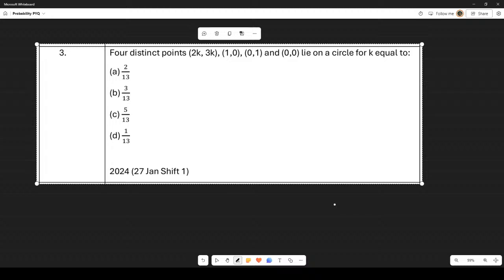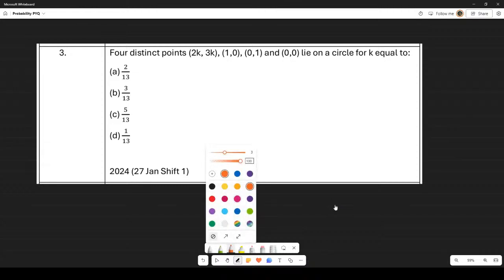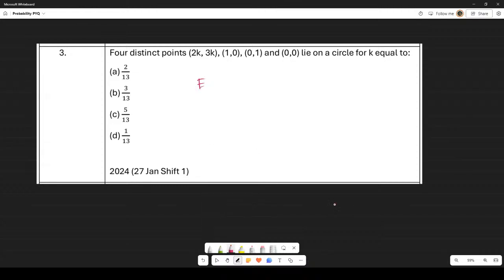I just remind you one thing from the class 11 course: the equation of the circle passing through three points 0, 0, A, 0 and 0, B. It's a standard result, and I remind you to keep it in your mind.